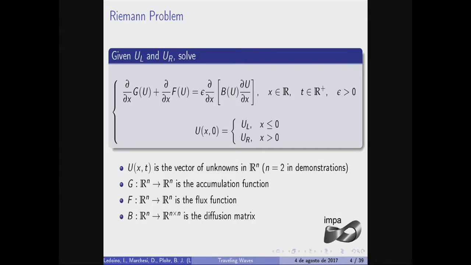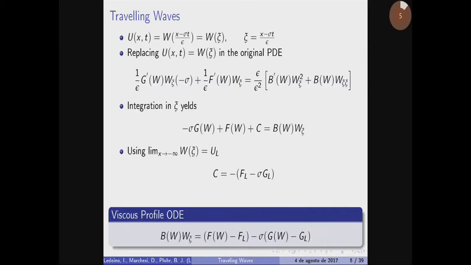As I told you, the saturations of water and gas are represented by the variable u, which is a vector. G is the general accumulation function, F is the flux, and B is the diffusion matrix.